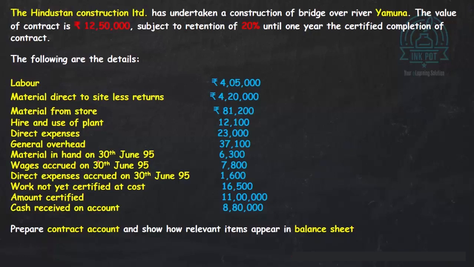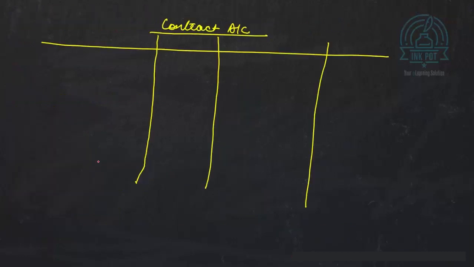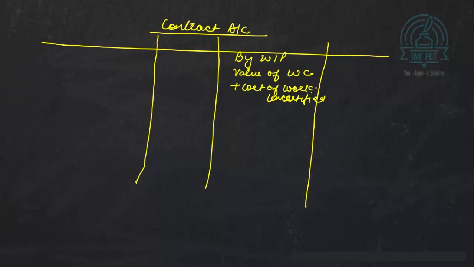So let us start the question with work in progress. By work in progress, the value of work certified plus cost of work uncertified. The value of work certified is given to you.